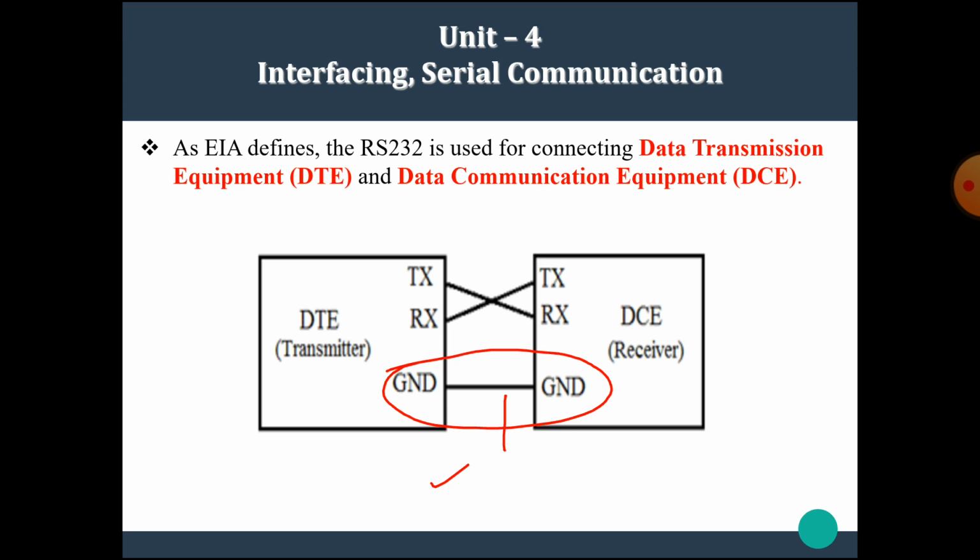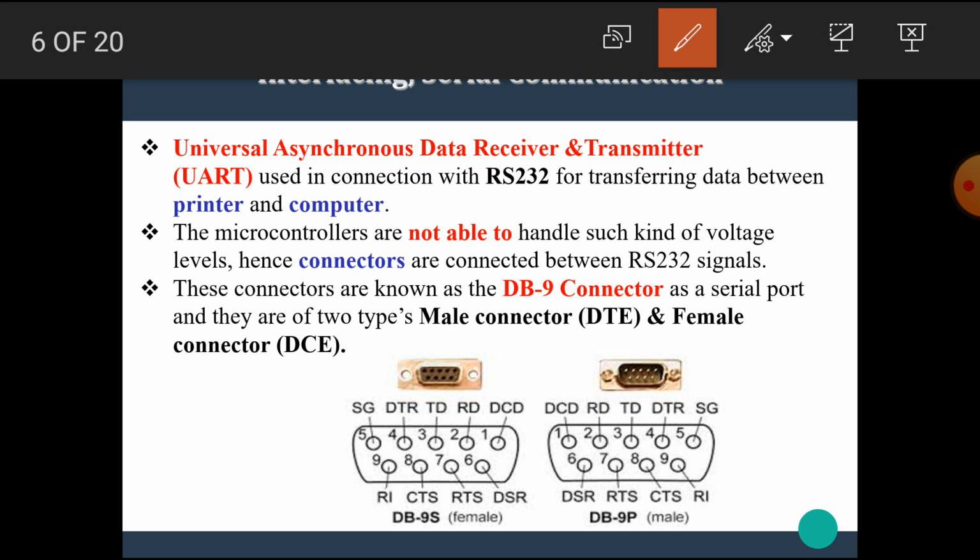Okay, now the Universal Asynchronous Receiver and Transmitter, that is UART, is used in connection with RS-232 for transferring data between a printer and a computer. The microcontrollers are not able to handle such voltage levels, hence connectors are connected between the RS-232 signals.